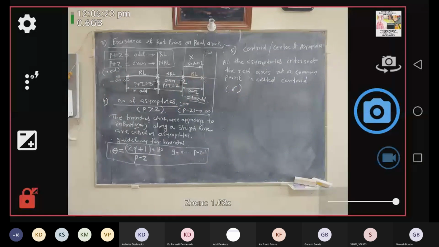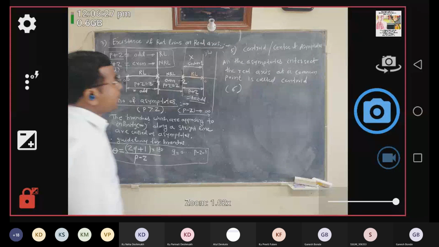The representation for centroid, and how can it be determined?